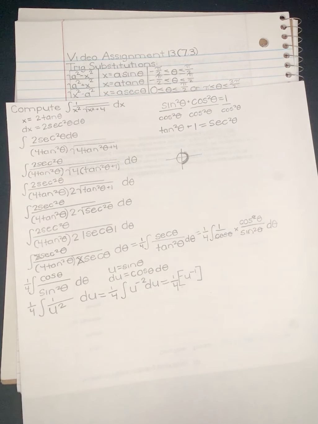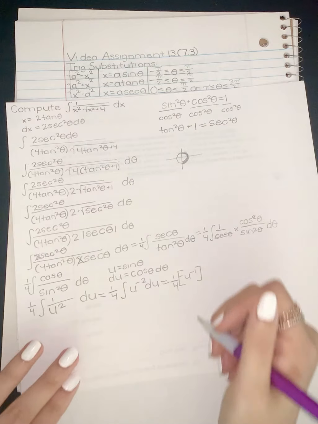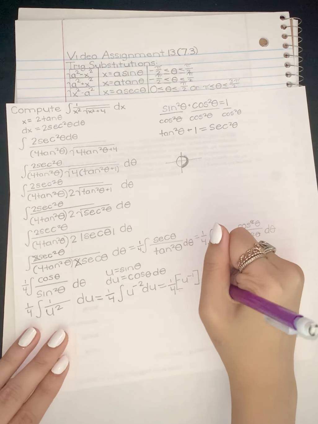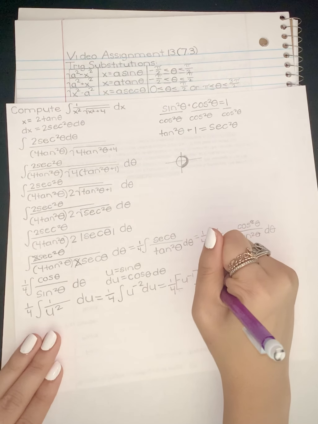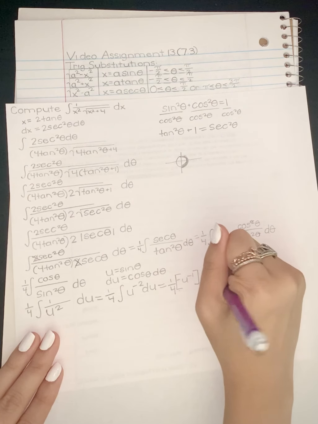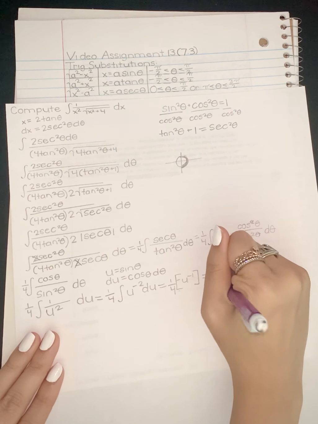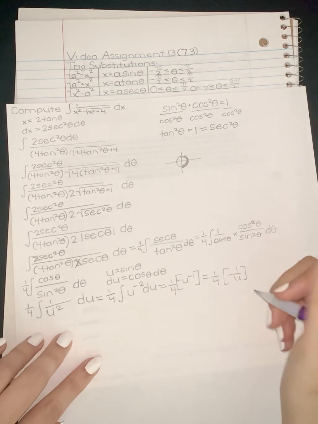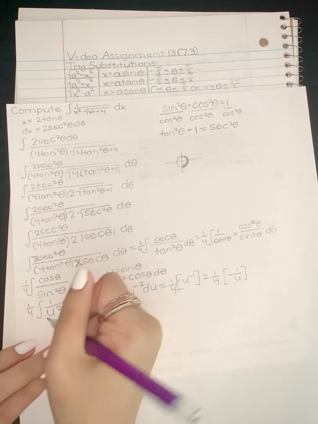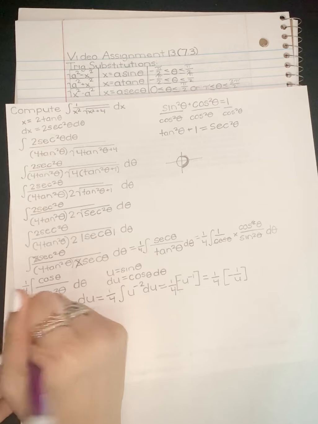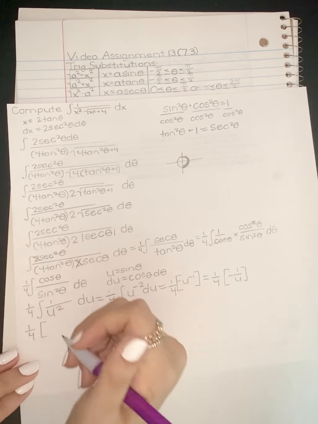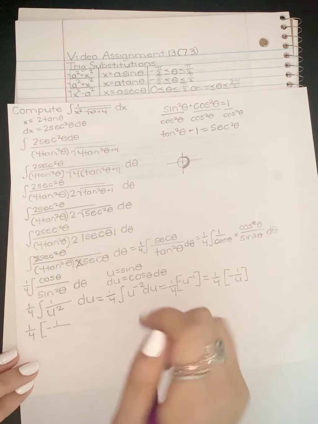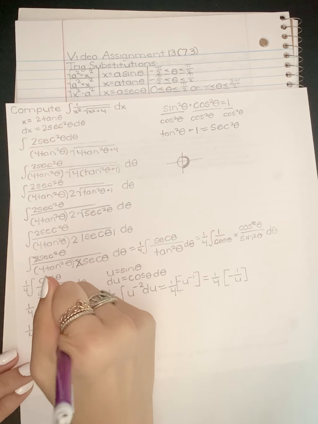So then this would just be 1/4 in brackets, 1/4 times -u to the -1, the same as 1/4 times -1 over u. In this case, our u is equal to sine theta, so we get 1/4 of -1 over sine theta.